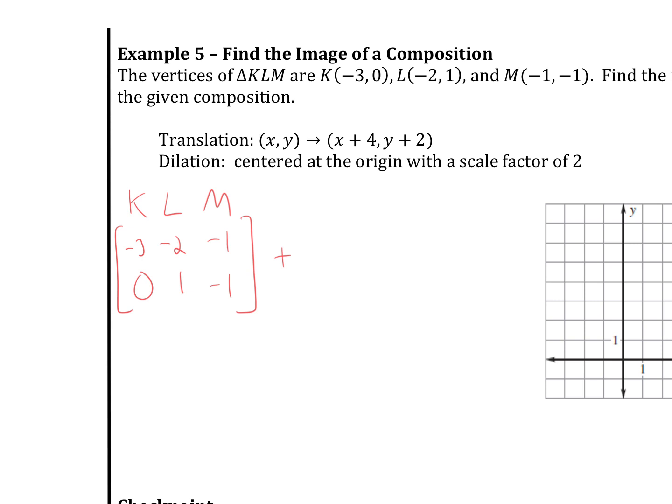And we're going to add 2 to all the y's. And that's going to give us our new matrix here, okay? So we have, let's see. Let's go like this.